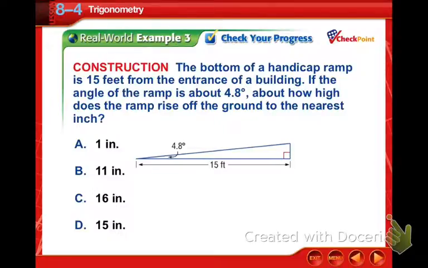So, we have our angle here. The opposite side is our height that we're looking for. That's our opposite, sorry. We are given our adjacent, that's the 15. Don't have the hypotenuse, don't need the hypotenuse, and that means we won't be using anything but tangent, because sine and cosine both use our hypotenuse, we don't have it, and we don't need it.